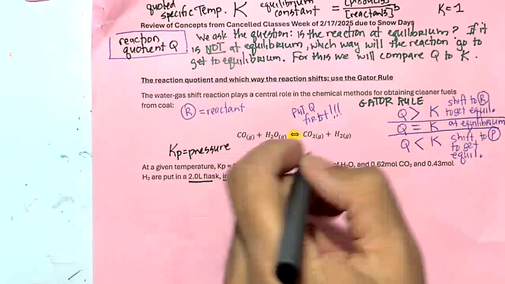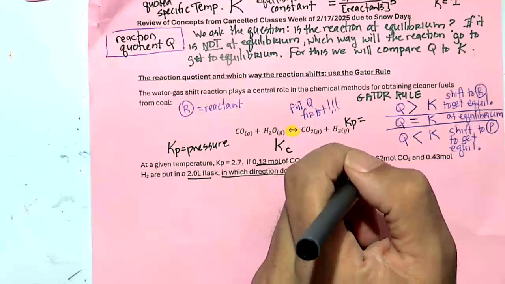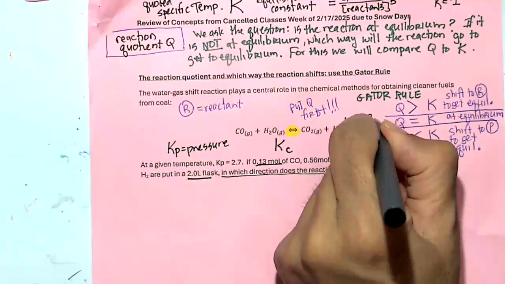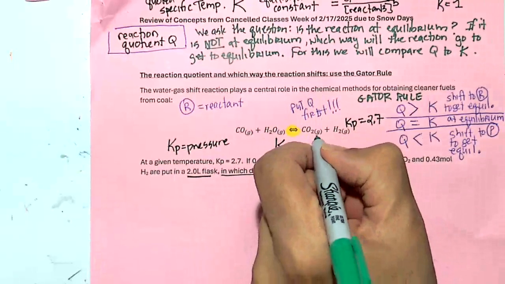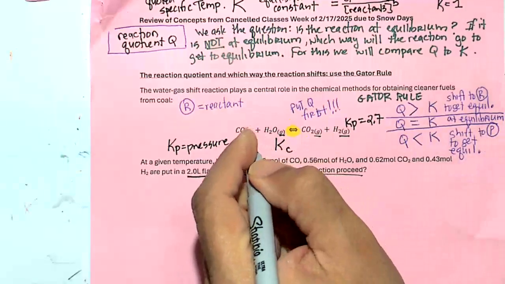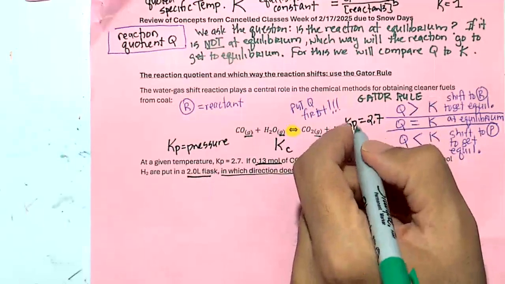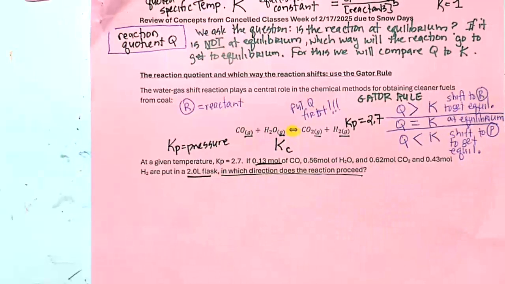Because we know here that Kp is going to equal 2.7, but that's pressure. We have a bunch of gases, and the gases can be expressed in terms of pressure, which is what this K is, and concentration, which is what we're given. So the first thing we should do is calculate the concentrations of each of these.